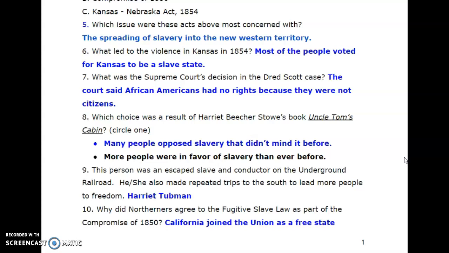Number seven, what was the Supreme Court's decision in the Dred Scott case? The court said that African Americans had no rights because they were not citizens. And actually, Chief Justice Roger Taney went even beyond that. He was really sort of insulted that Dred Scott was standing in the courtroom before him.